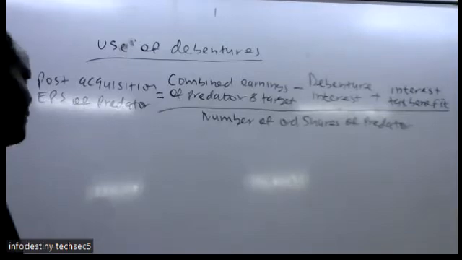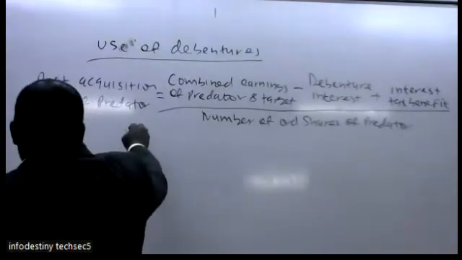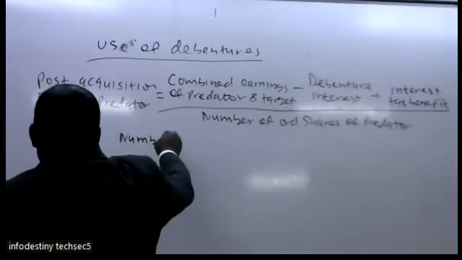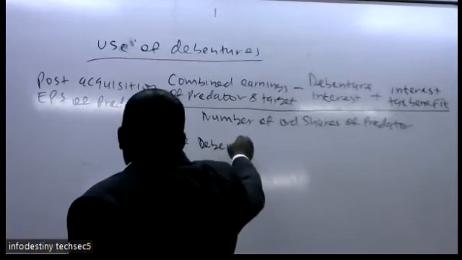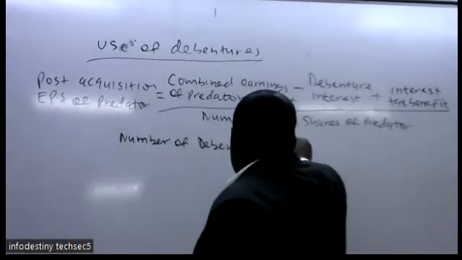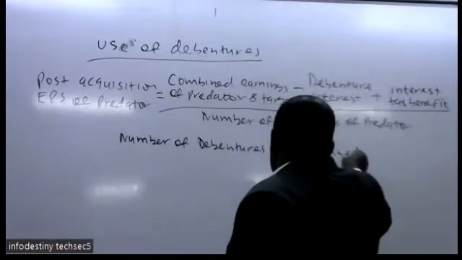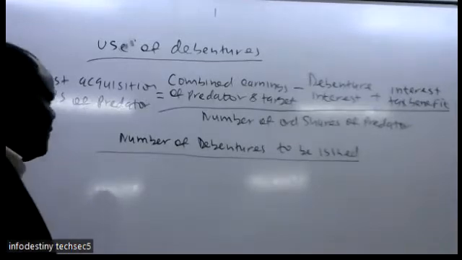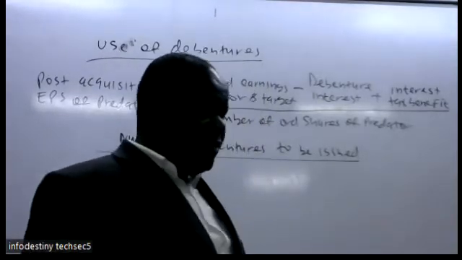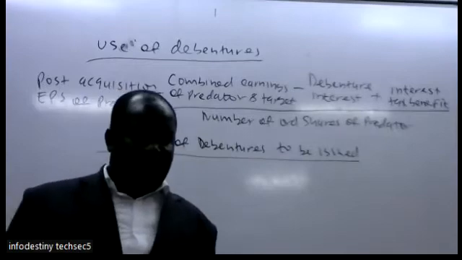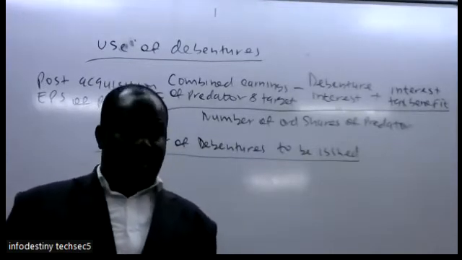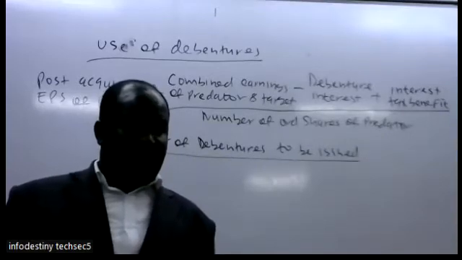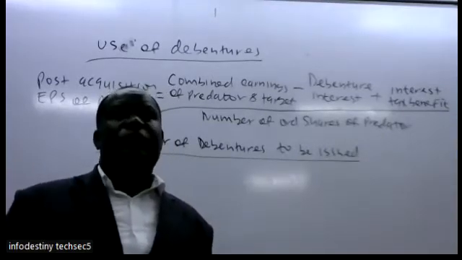So we need to get the number of debentures to be issued. We start by computing the number of debentures to be issued. When you go through the question, they say that for every 100 ordinary shares of B Limited, shareholders are offered how many? 2 debentures.